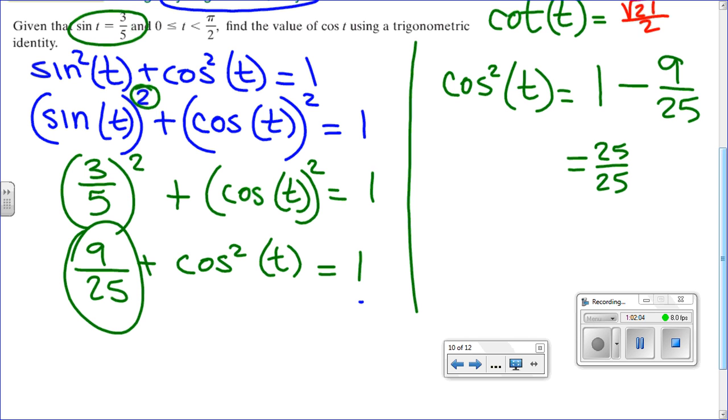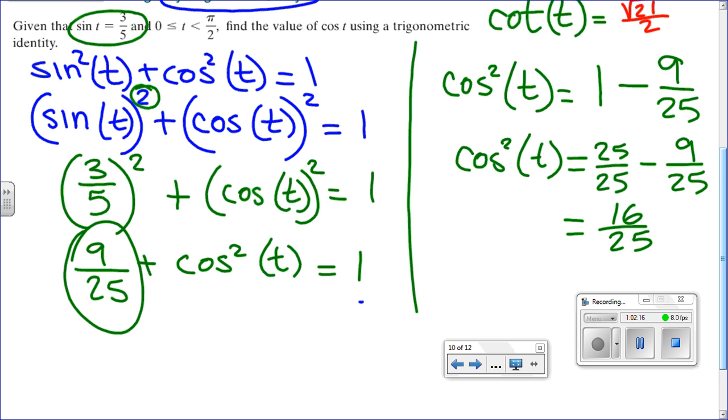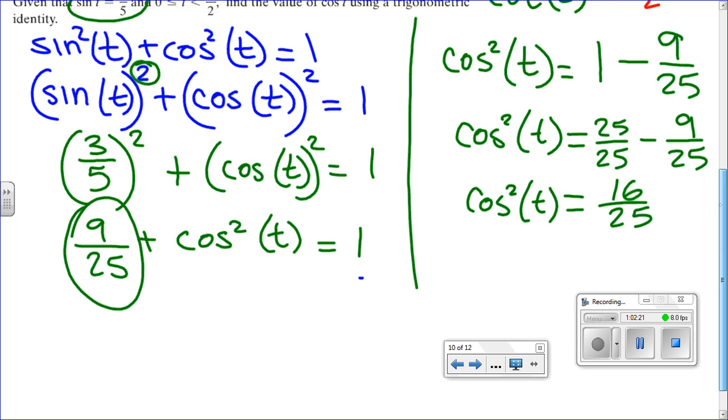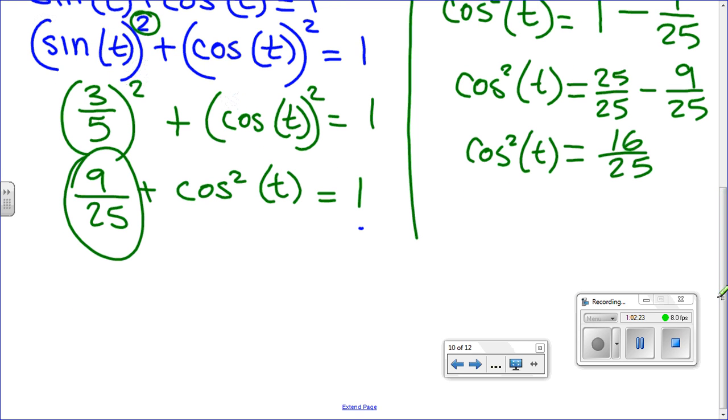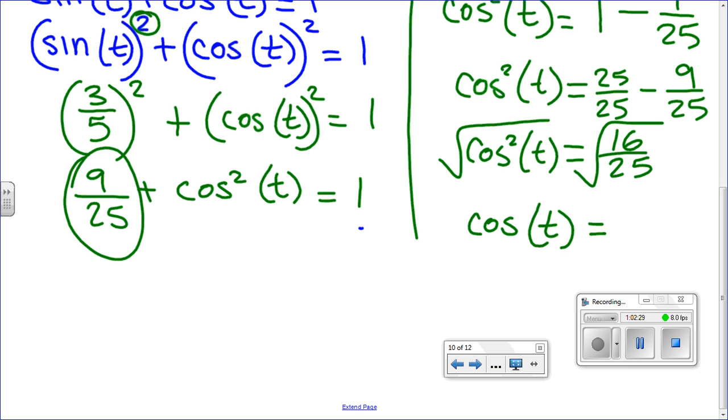And so I have to do that because I want them to have the same denominator so I can actually subtract the two fractions. So 25 minus 9 is 16, all over 25. I still have cosine square t. And so now what I need to do is take the square root, you all know that. So the cosine of t is going to equal 4 over 5.